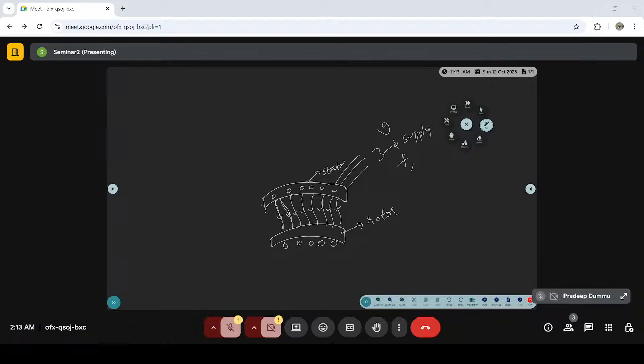What we are applying for the stator? Supply should be given. What kind of supply? Three-phase supply. Voltage should be applied. Apply చేసేది ఏమొస్తుంది నీకు? Rotating magnetic field around the stator.